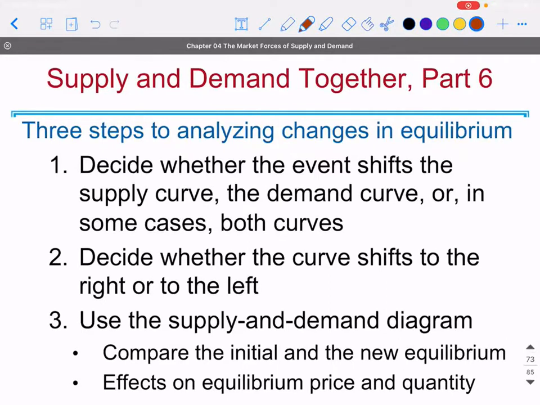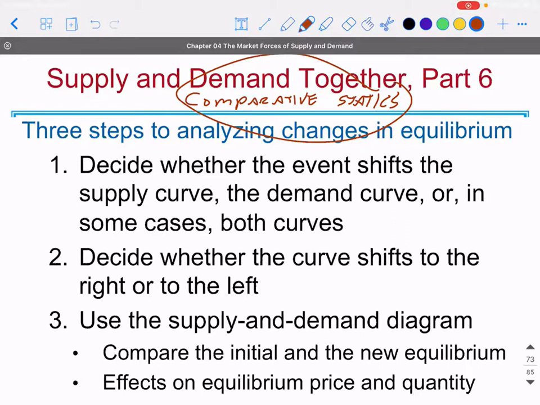Now with this understanding of equilibrium, we need to talk about something called comparative statics. If you're looking for the term on the internet to learn more, if you don't like what I have, type in the words comparative statics, in economics.